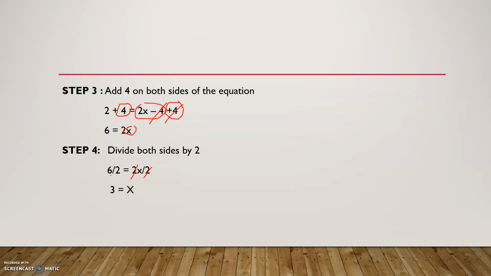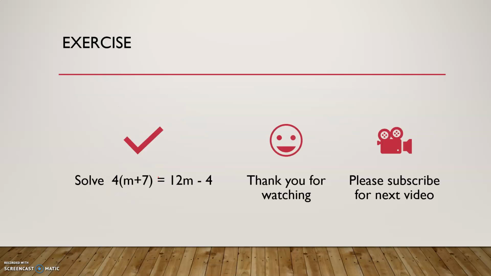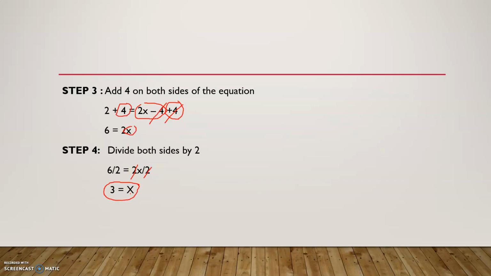So we are left with x equals 3, because 6 divided by 2 is 3. So our answer is x equals 3. Now you can check whether our answer is correct or not by substituting this value into the original equation.